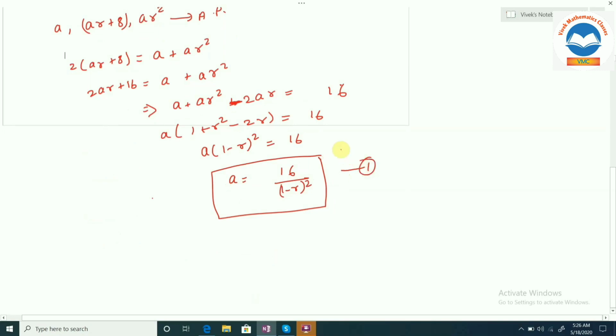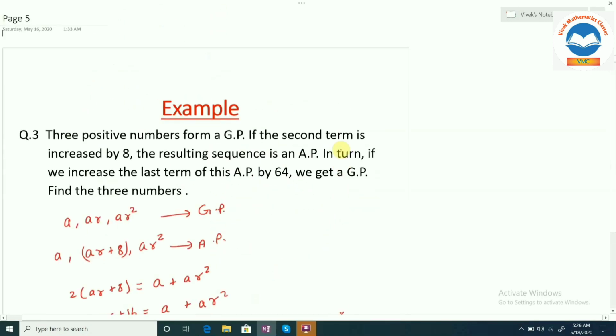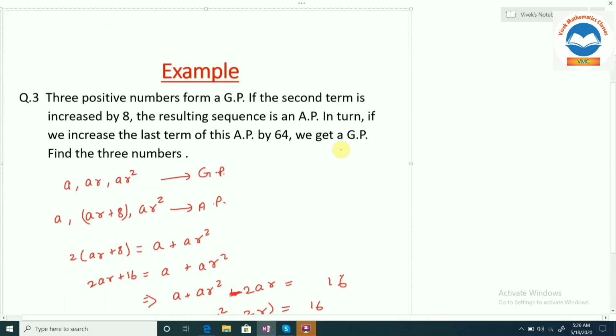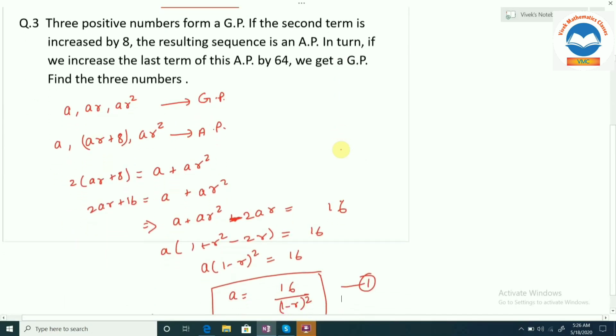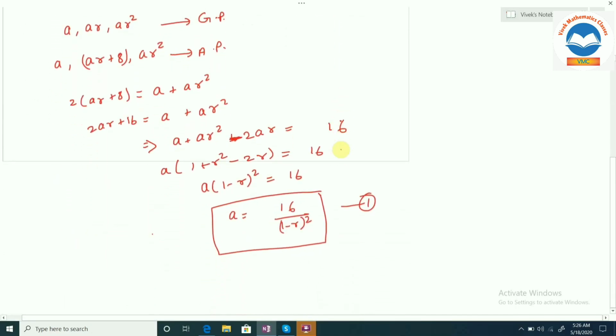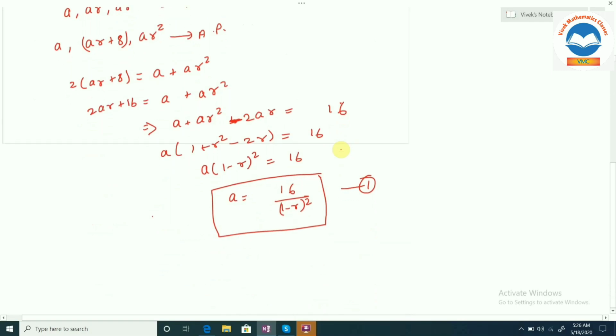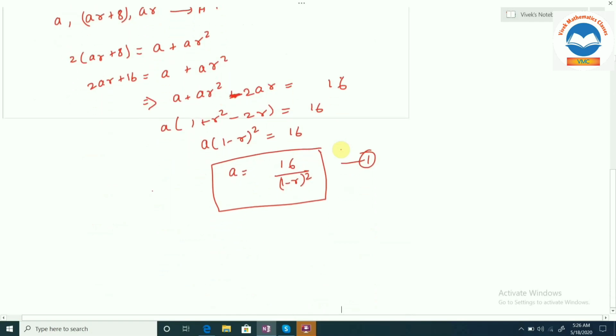Next, what they are asking: if we increase the last term of the AP by 64, we will get a GP. So what is our AP? Our AP is A, AR plus 8 and AR square.